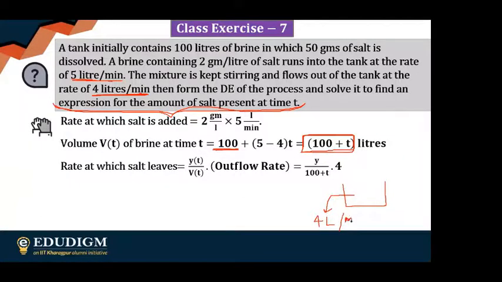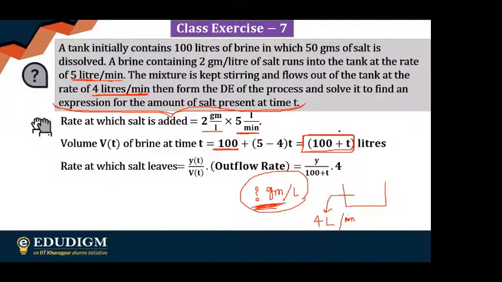So I have this part for the outflow, but I don't have this part. Like, how much is this, in grams per liter? I hope you understand that we don't have this part. So how do I get this concentration?